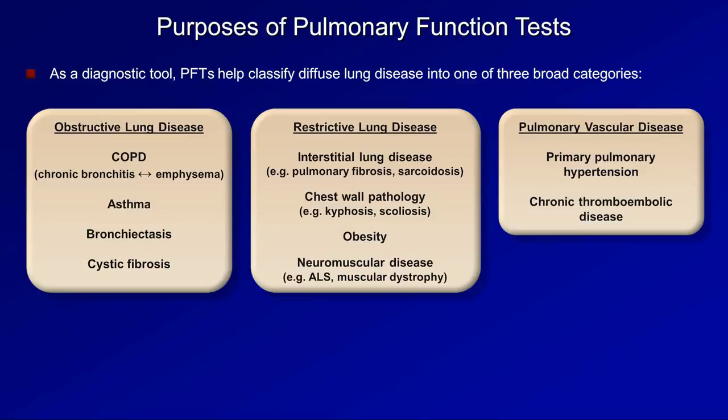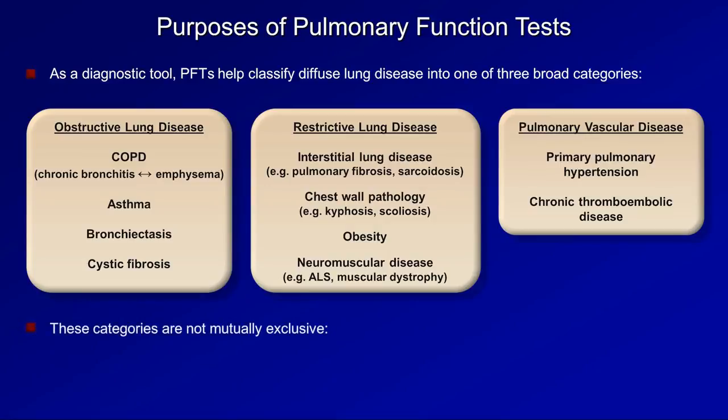For those viewers who already have some prior knowledge of PFTs, inclusion of pulmonary vascular disease in this discussion may seem unexpected since classic teaching of PFTs usually omits this last category. However, as will be discussed in the fourth video on DLCO, pulmonary vascular disease can display a specific abnormal pattern on PFTs of which one should be aware.